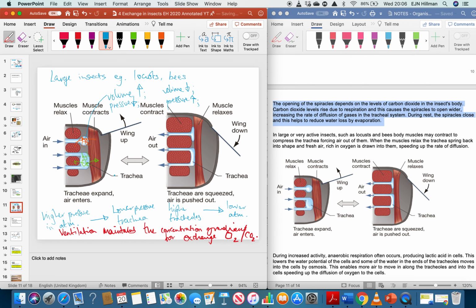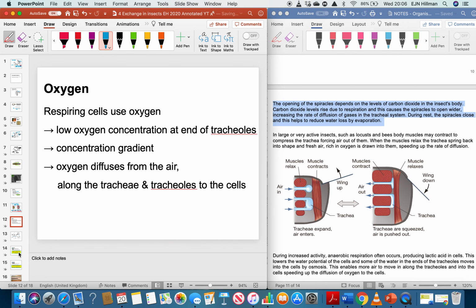That ventilation continues, it repeats, and the repetition of ventilation maintains the concentration gradient for the exchange of oxygen and carbon dioxide. Okay, so respiring cells use the oxygen, so there is also a low concentration of oxygen at the end of the tracheals.